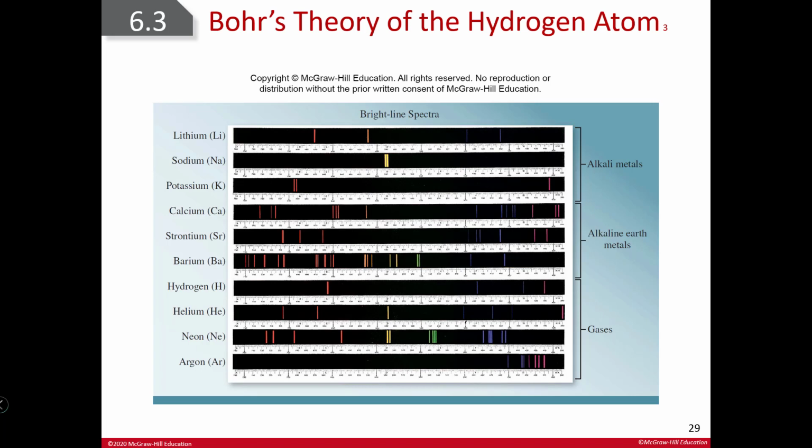So each line spectrum, or spectra as looking at multiple ones, it's a fingerprint that identifies that element. So like lithium, I don't know if you've ever seen lithium burn or excited, but it's really crimson red. Well, that's why. That's the brightest band. It's in the crimson or red part of the spectrum.